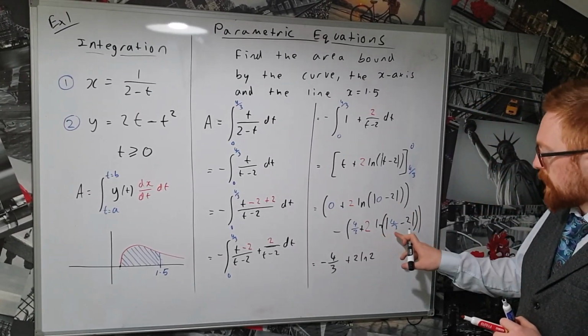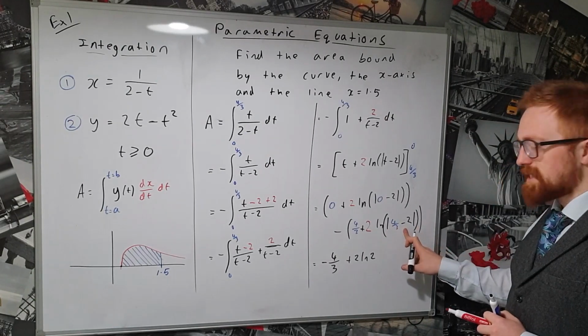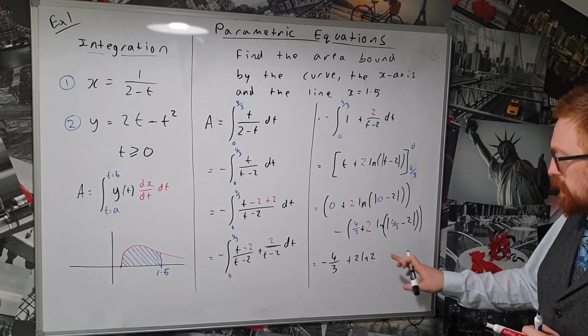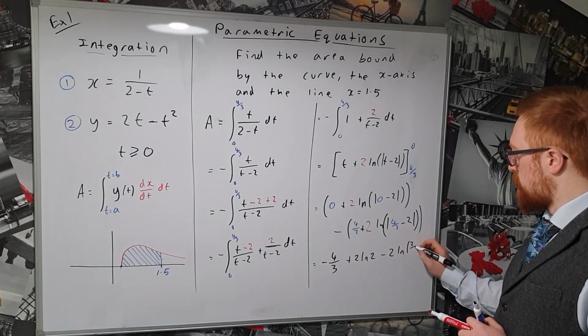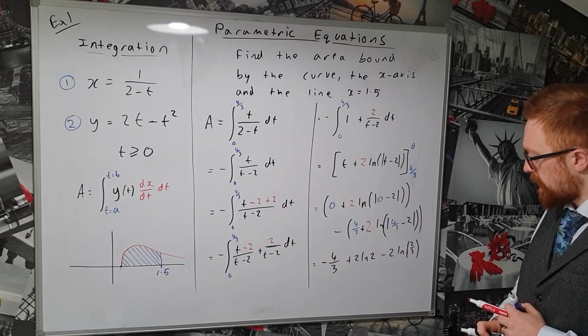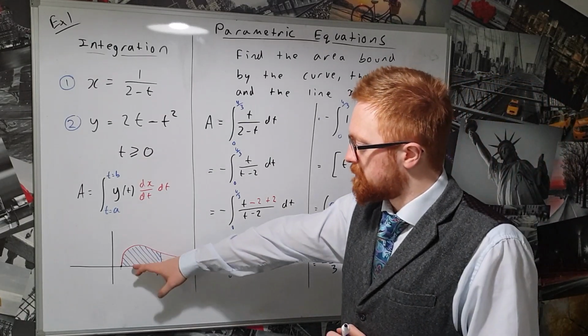And then similarly here, 4/3 take away 2 is going to give me negative 2/3, which when we take the modulus is positive 2/3, that's going to be minus 2 ln 2/3. Okay, and that's our answer. That is the area of this section of the curve.